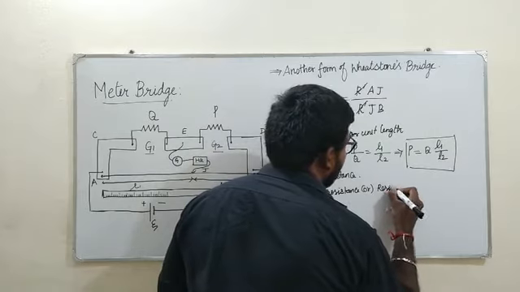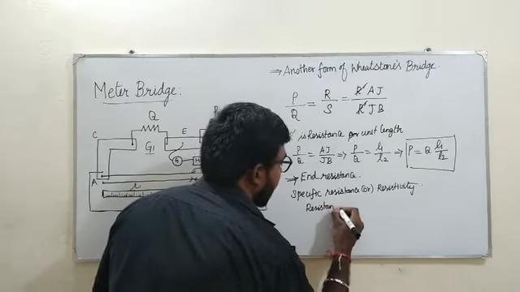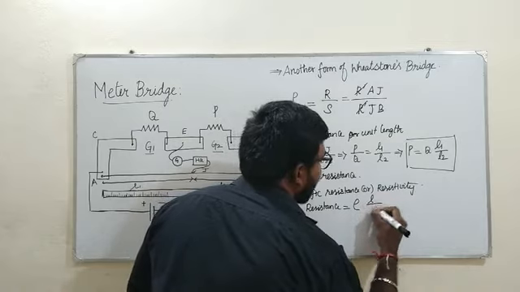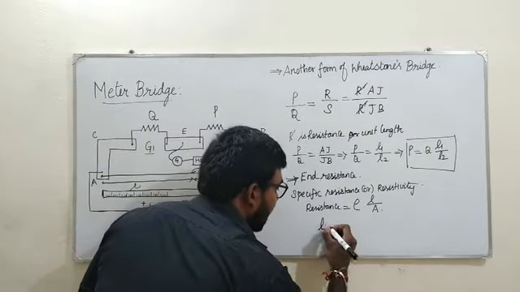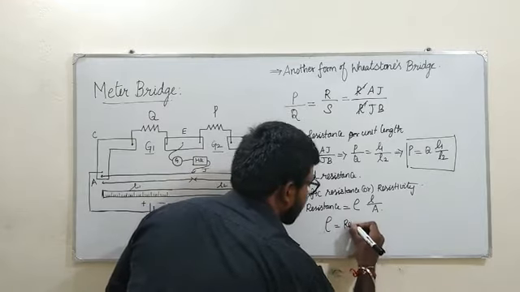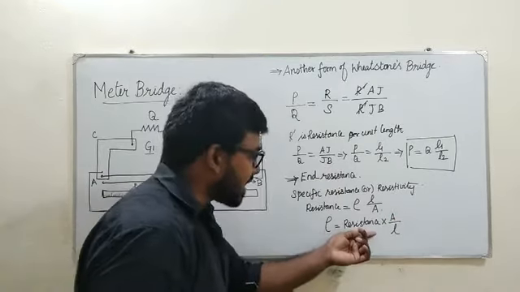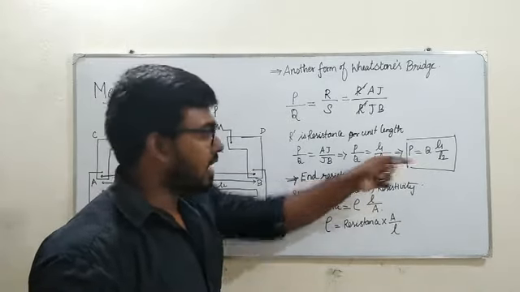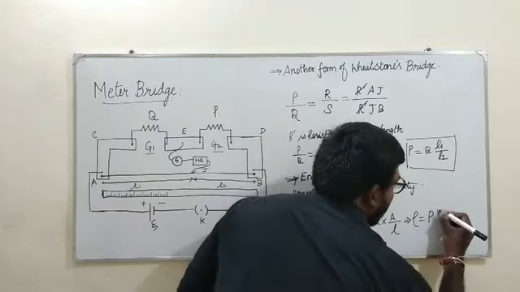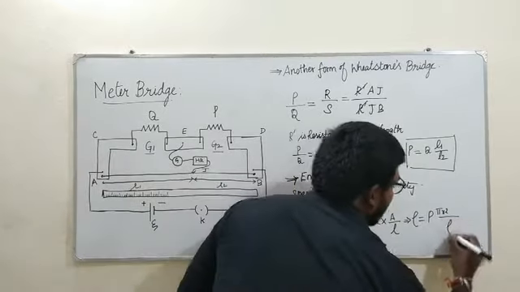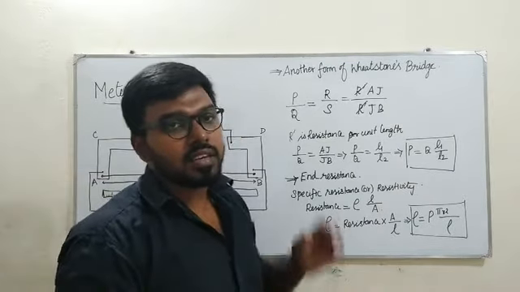We know that resistance is equal to rho L by A. In order to find out resistivity, that is rho is equal to resistance into A by L, where resistance is nothing but the resistance of the unknown resistor, that is P. So we can write rho is equal to P into area, pi r square, by L. Using this formula, we can find out the specific resistance of the given resistor.